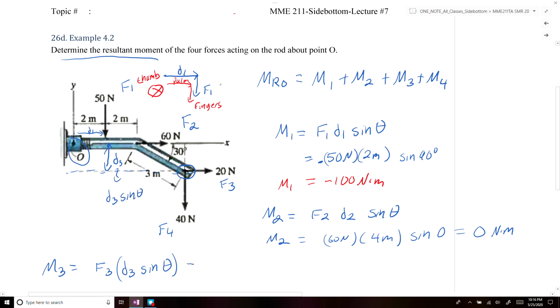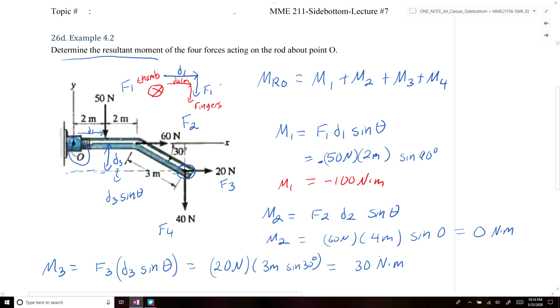Okay, so we can calculate that very easily. That would be equal to 20 newtons times 3 meters times the sine of 30 degrees. Sine of 30 degrees is just a half, so we end up with 30 Newton meters.